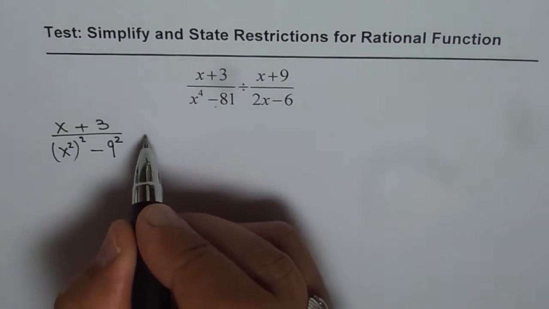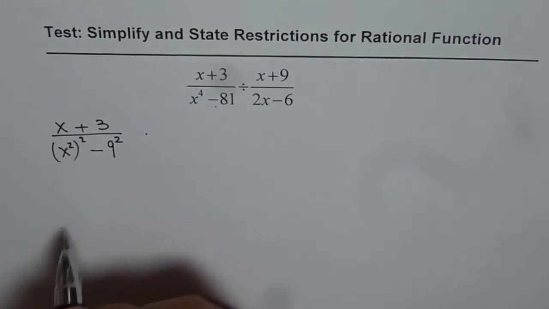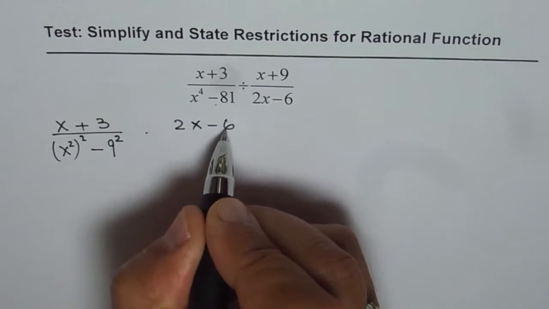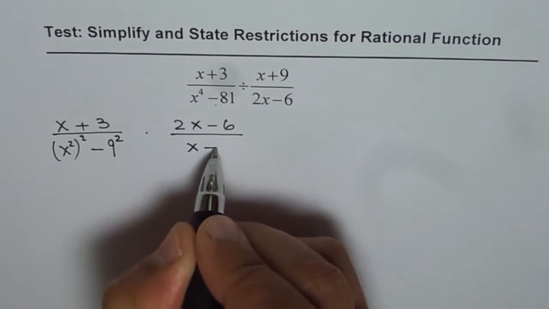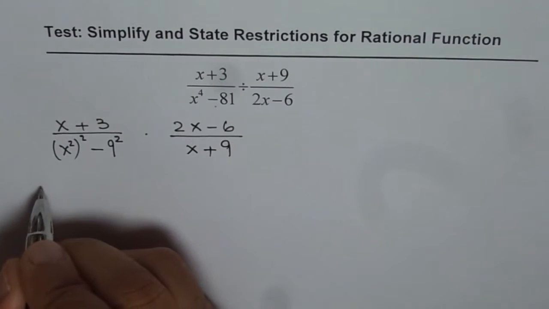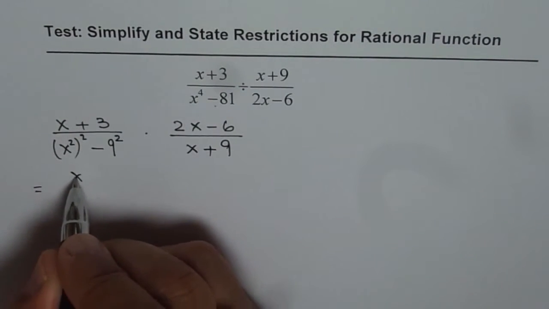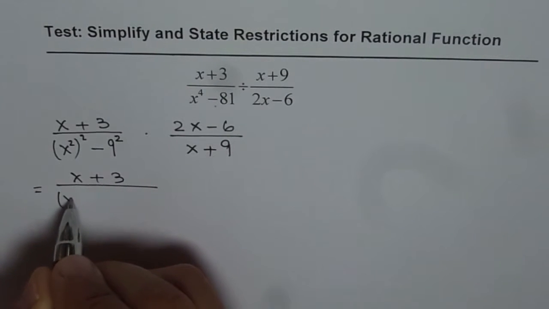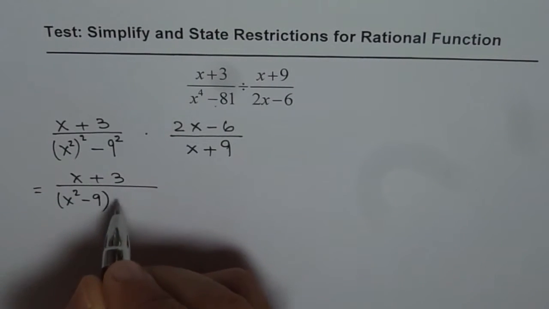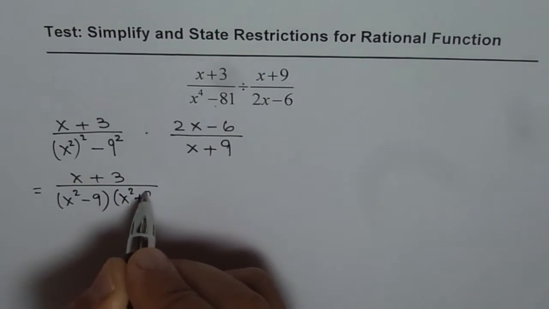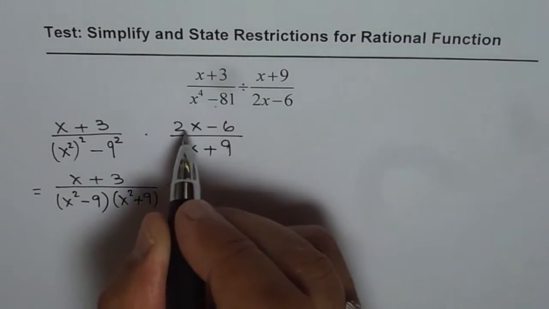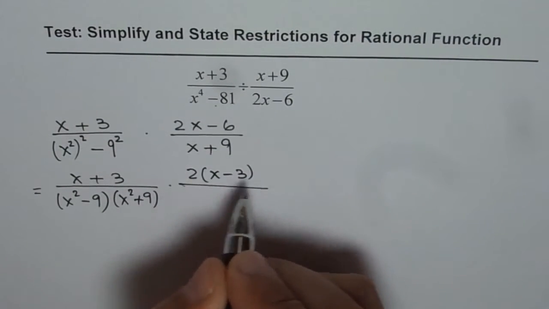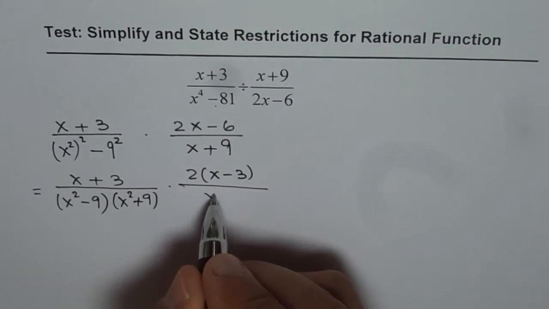Okay, now the division statement, we can write as multiplication by the reciprocal, that is to say (2x - 6)/(x + 9). Okay, now let us factor. So we get (x + 3)/((x^2 - 9)(x^2 + 9)) times 2, which is a common factor, so we get (x - 3) in the numerator, and the denominator is x + 9.